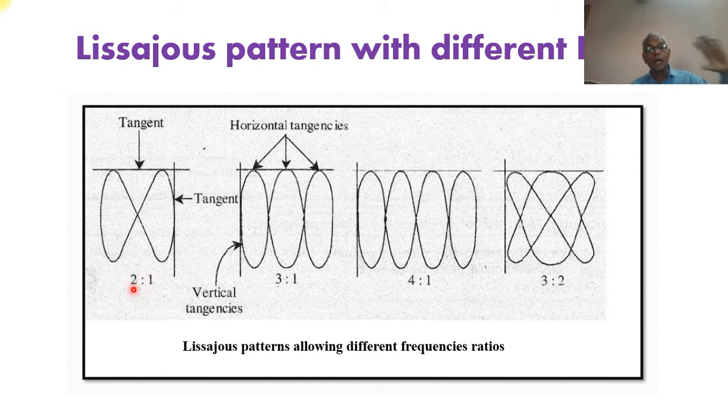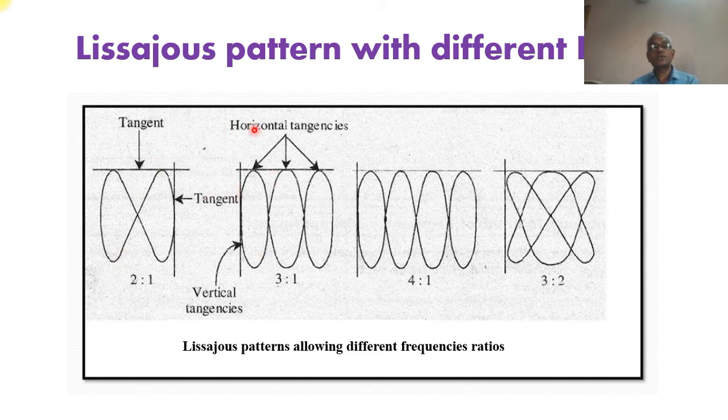For example, if I consider the horizontal frequency to be 100, then the vertical frequency, which is the y-axis, will be 50. So in 2:1 proportion, we can trace out this kind of curve, that is the figure of it.